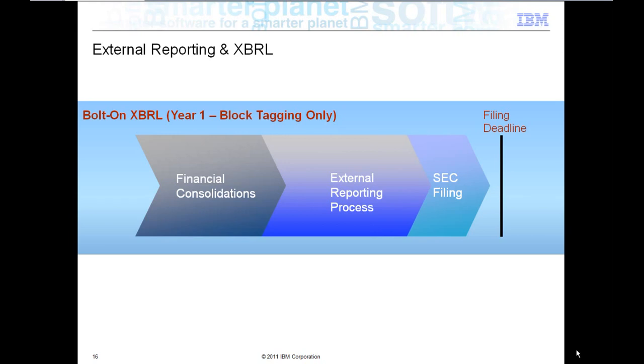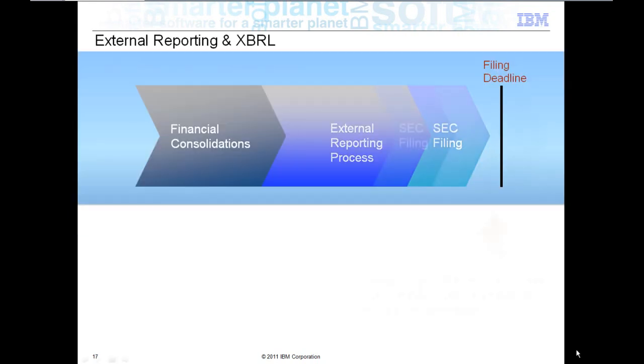And very much so, this has shrunk with an outsourced XBRL option, as well as by utilizing any bolt-on solutions which are not integrated and not part of your actual external reporting process. So this would be a disadvantage, by either outsourcing and/or utilizing a tool that is not tightly integrated with your external reporting process.